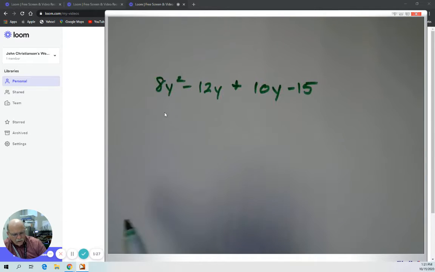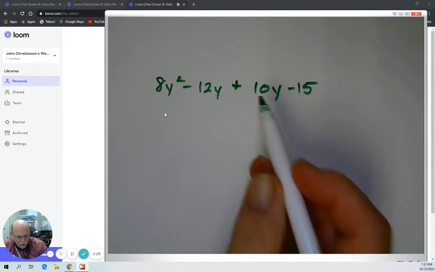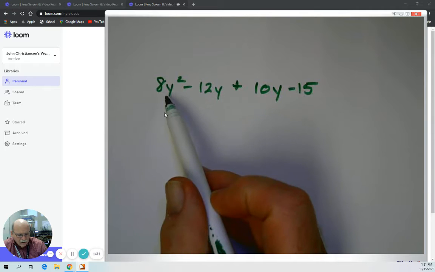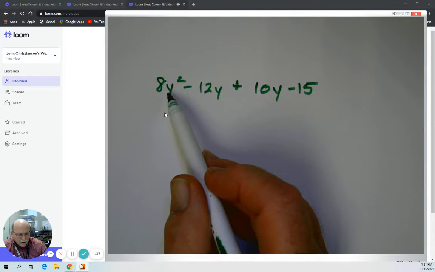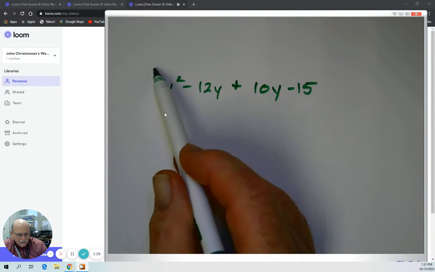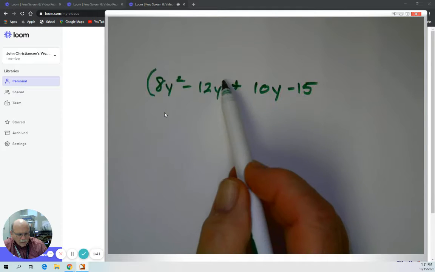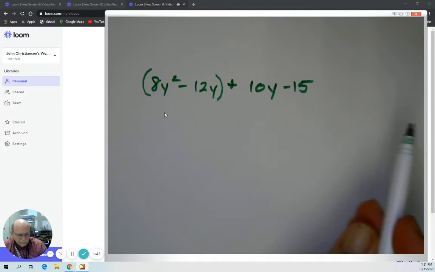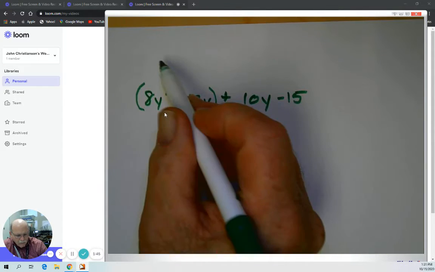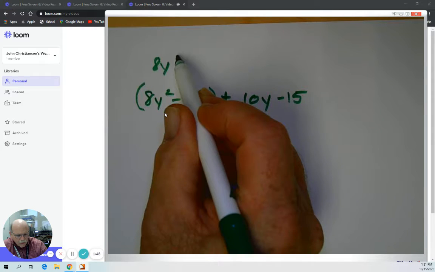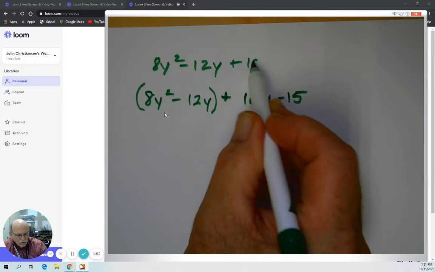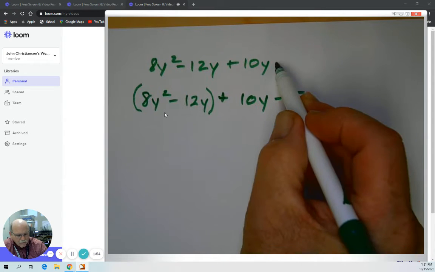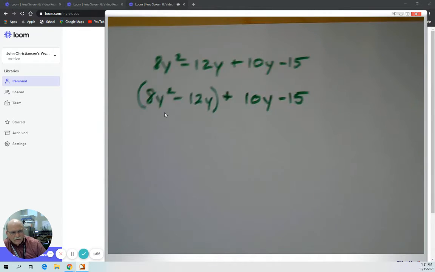However, we do something called grouping. So when I look at this, I can see that 8 and 12 will have a common factor. y squared and y have a common factor. So I'm going to put parentheses around those. And I'm going to write up here my original, just to make sure that you don't get confused and I don't get confused.